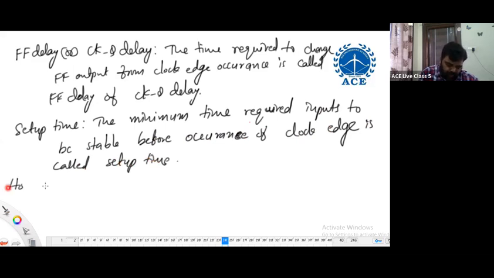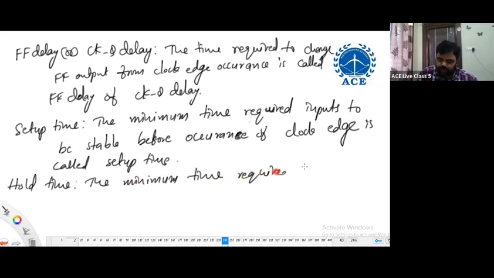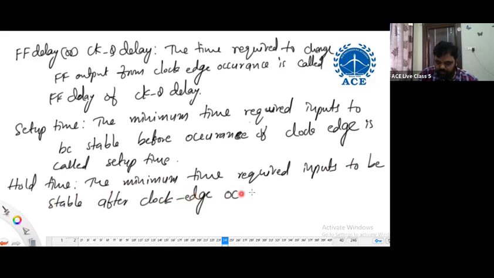Next, hold time. The minimum time required for inputs to be stable after clock edge occurrence is called hold time.